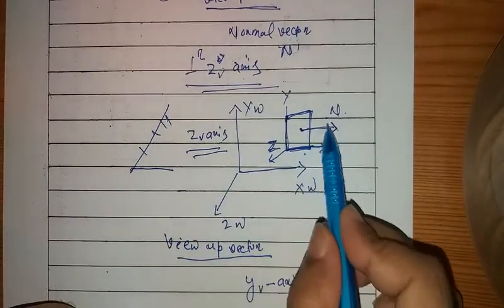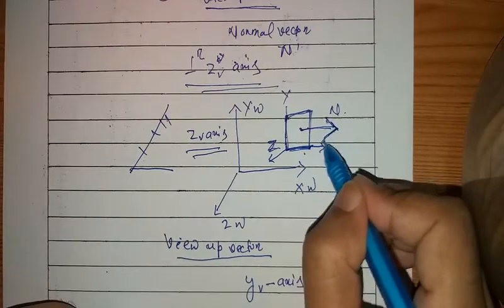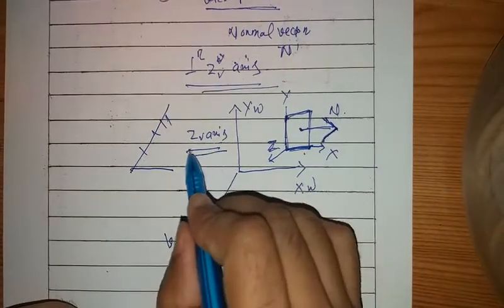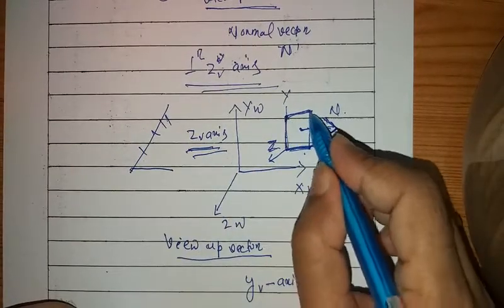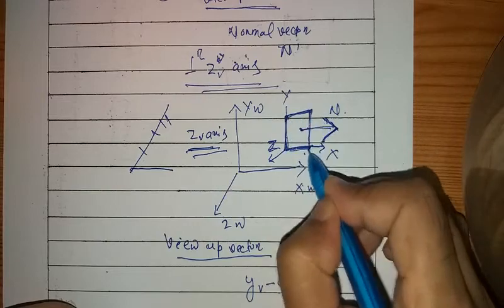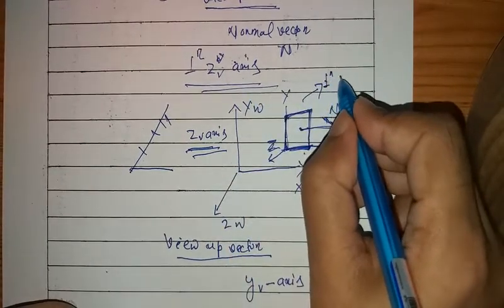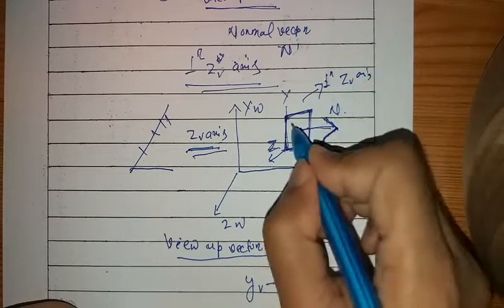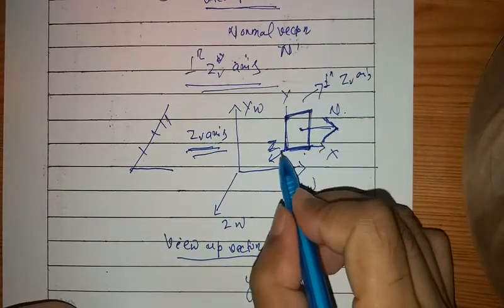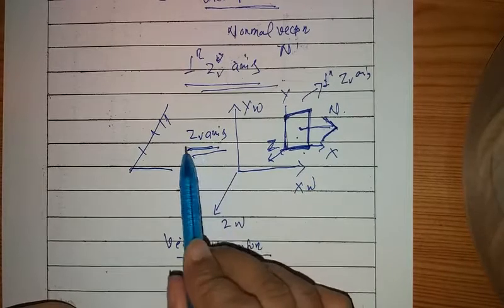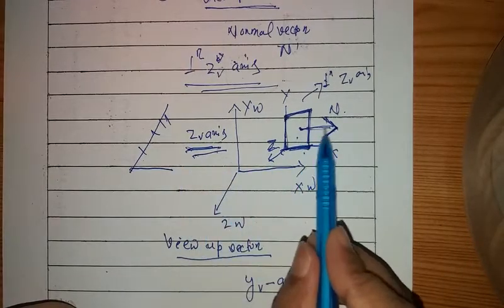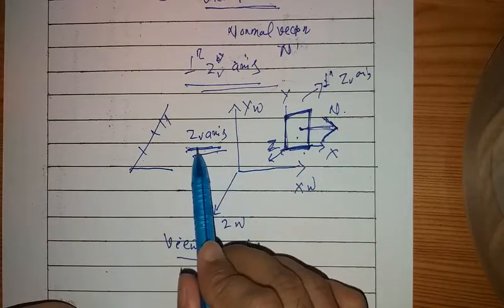Now the normal vector, right? So this plane is normal to the zv axis, perpendicular to the zv axis, this view plane. So this must be in the xy plane. The normal vector is chosen perpendicular to that plane, so it is parallel to the zv axis.